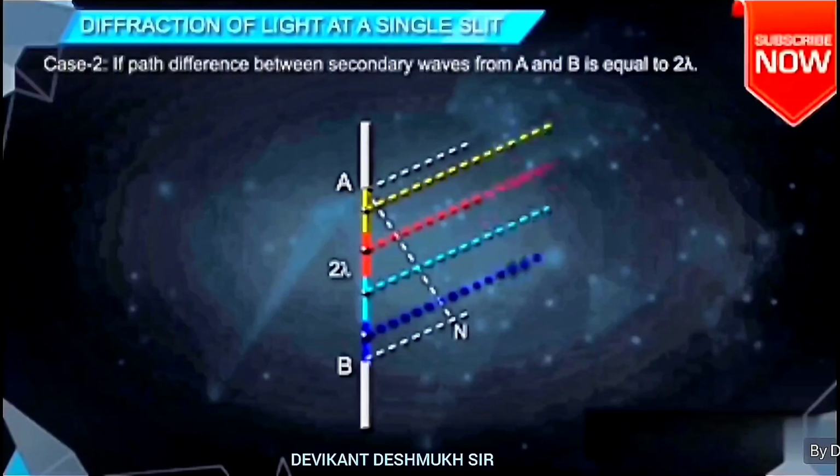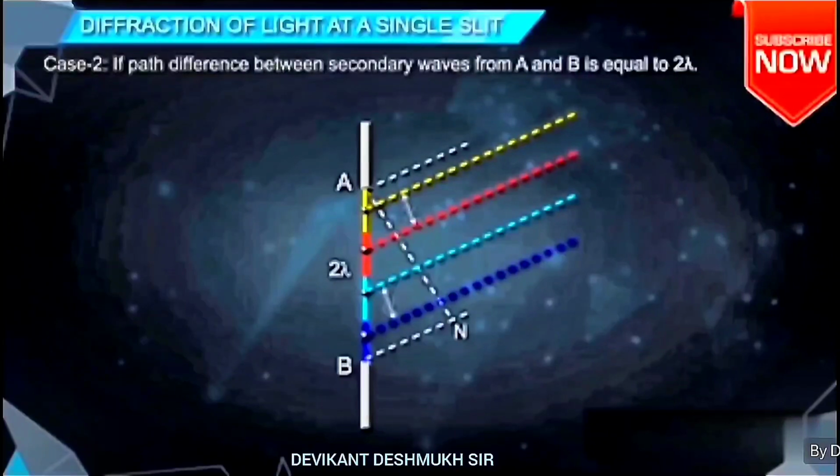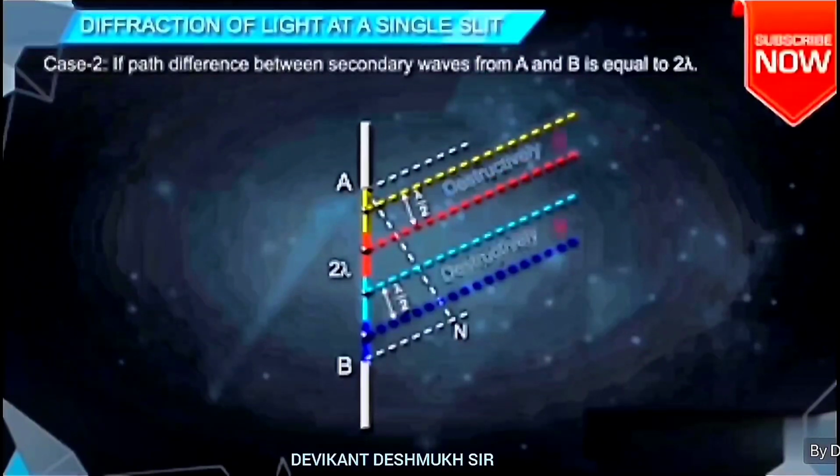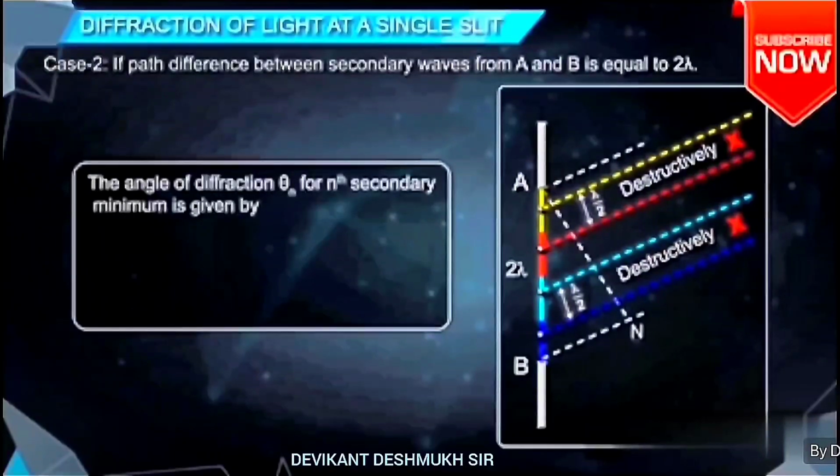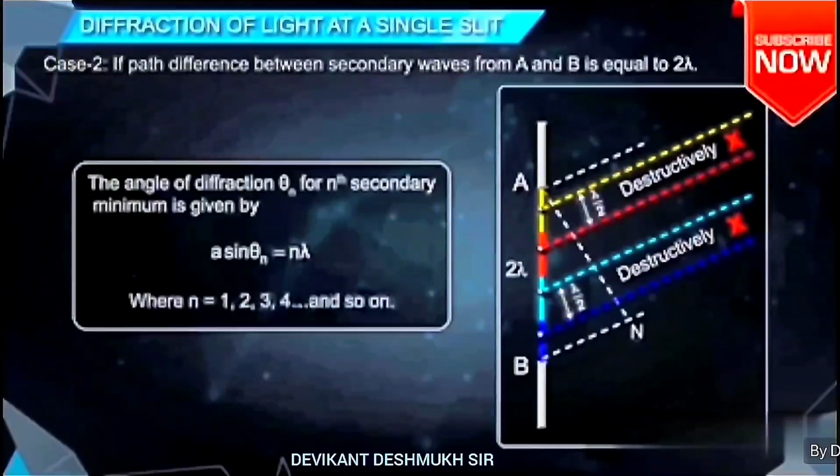Therefore, point P is again of minimum intensity and it is called the second secondary minima. In general, the angle of diffraction theta n for the nth secondary minima is given by a sin theta n is equal to n lambda, where n is equal to 1, 2, 3, 4 and so on.